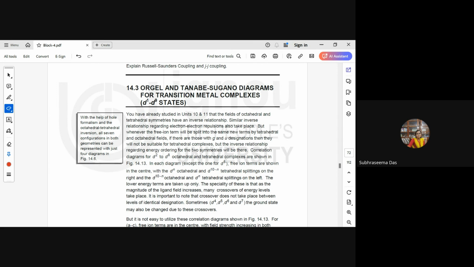Then coming to Orgel diagrams and Tanabe-Sugano diagrams for transition metal complexes.